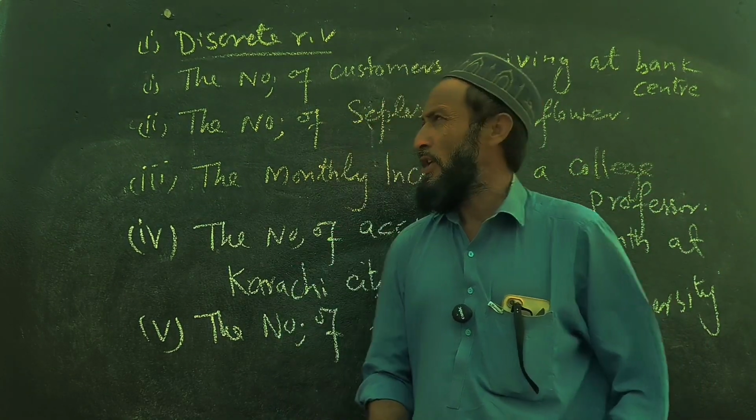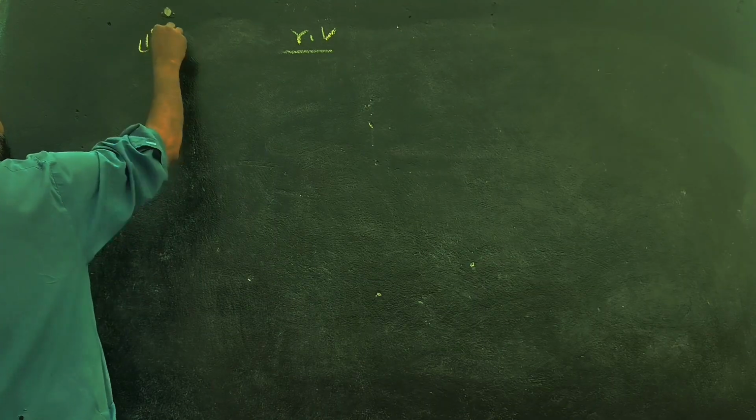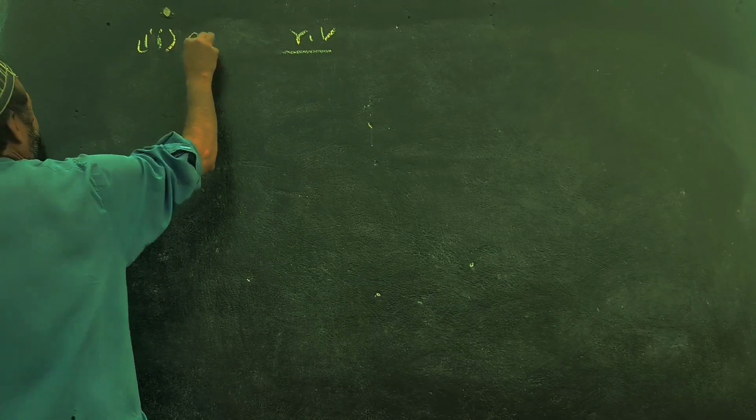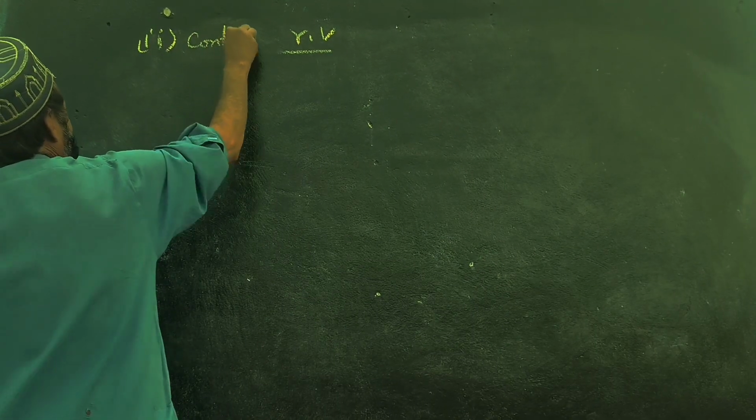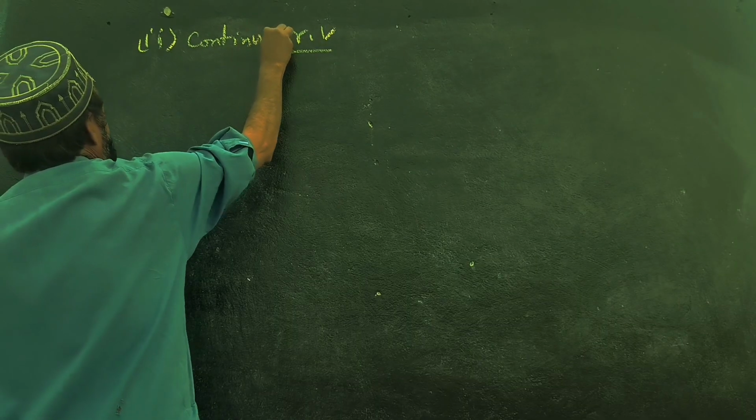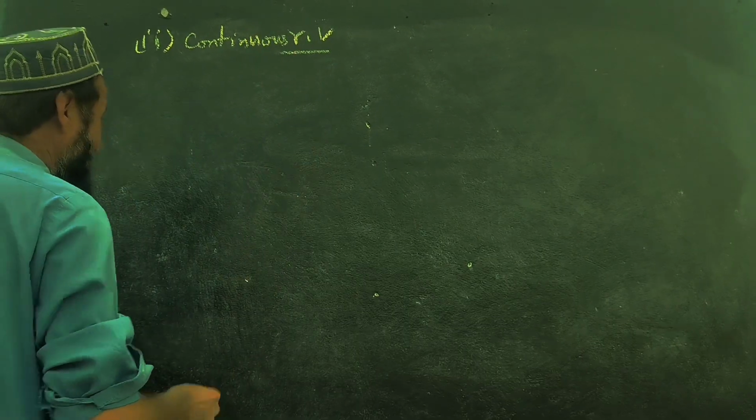Now we proceed to the second type, the continuous random variable.